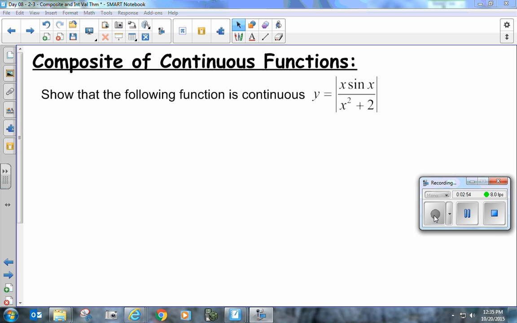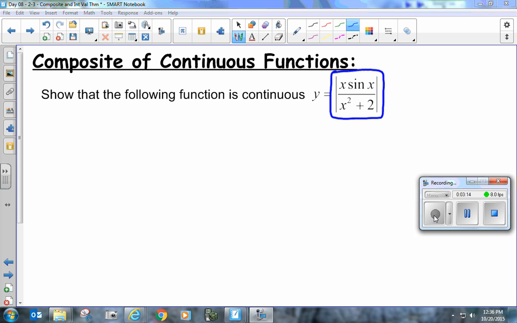Let's show that the following function is continuous. Y equals the absolute value of x times the sine of x, all over x squared plus 2. First of all, this is a composition of two functions. All I have to do is break them down.